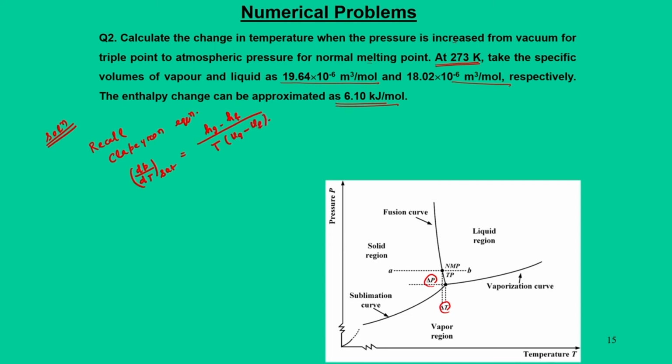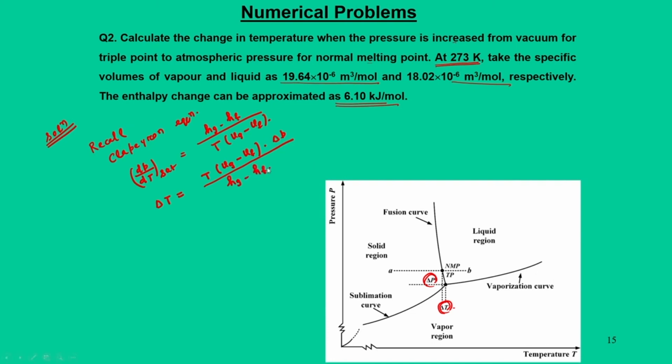Now here we will represent it in terms of dP and dT. So I will rewrite this equation as delta T is equal to T times Vg minus Vf into delta P divided by Hg minus Hf.